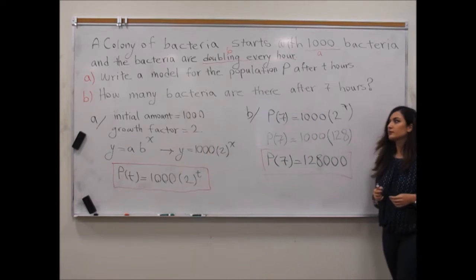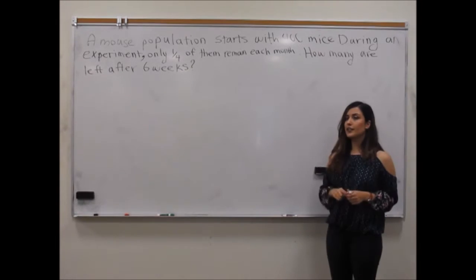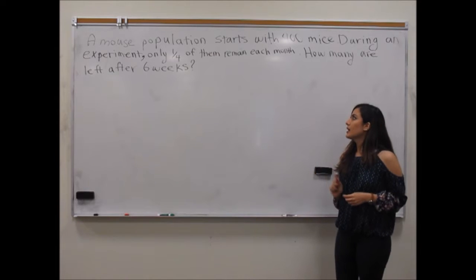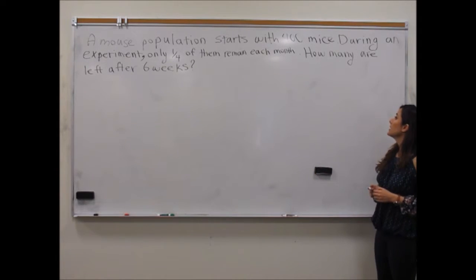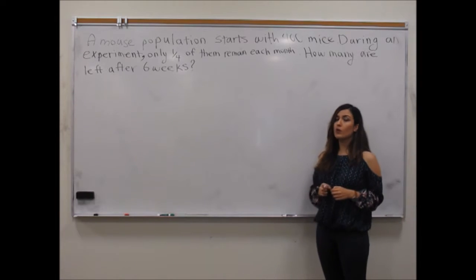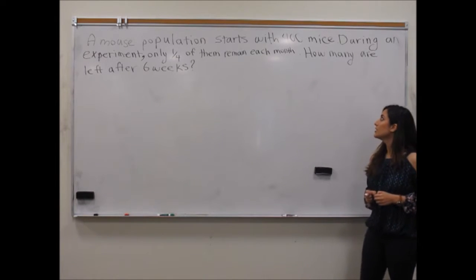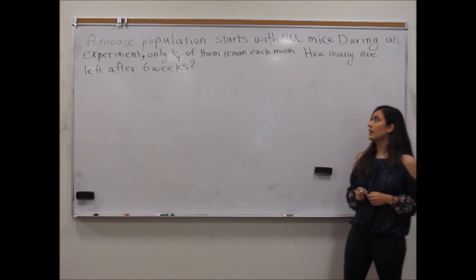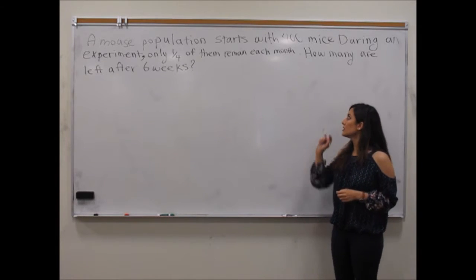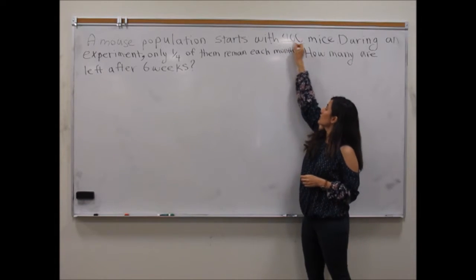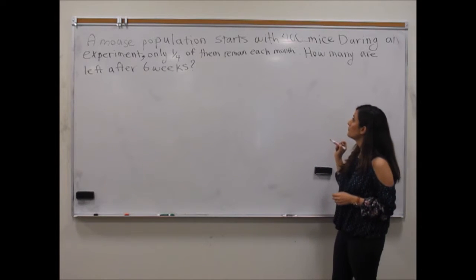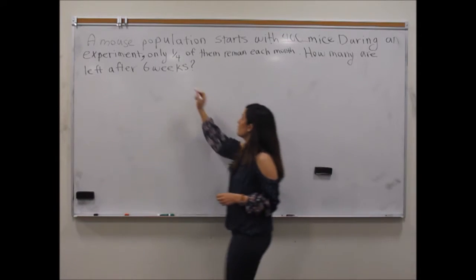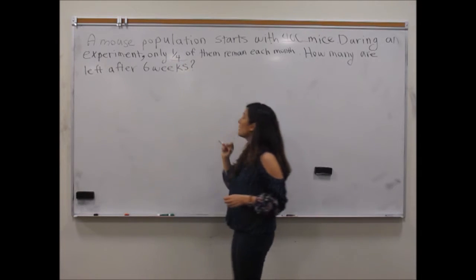Alright, here we have another example. A mouse population starts with 400 mice. During an experiment, only 1/4 of them remain each week. How many are there after 6 weeks? So we start with 400. This is our initial amount. And then only 1/4 of them remain each week.